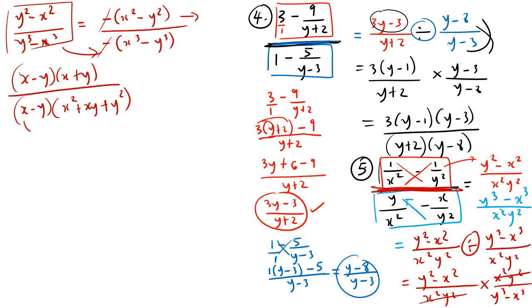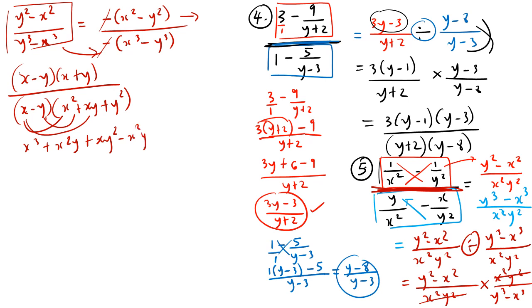I know that x times x squared is x to the third. X times xy is positive x squared y. Then plus x times y squared is x y squared. Next, I move with the negative y: it will be negative x squared y.